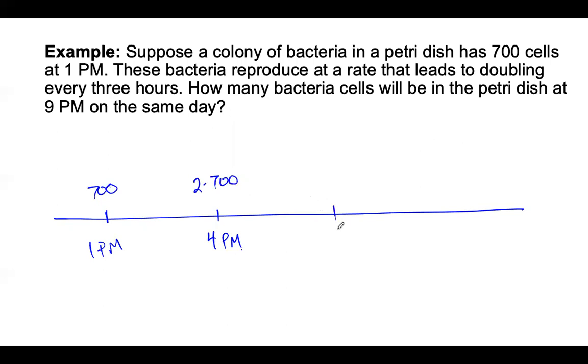And then at 7 p.m., we're going to have 2 times 2 times 700, which is 2 to the exponent 2 times 700 of these.